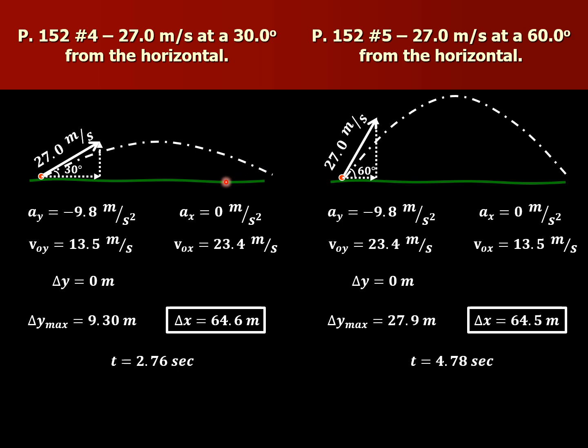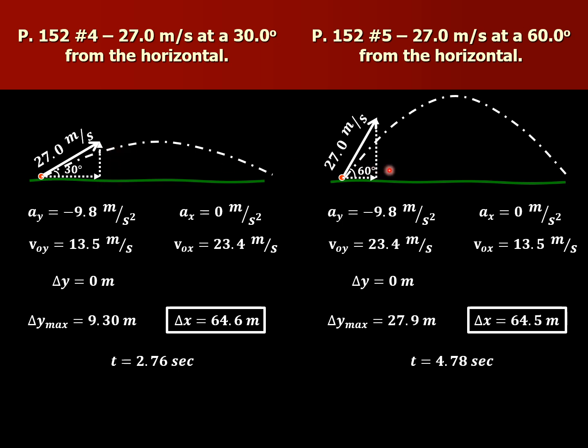And that's because with a smaller vertical velocity but a greater horizontal velocity, it's in the air for a shorter period of time than the higher angle, but it also has a greater horizontal velocity. So it goes further because it goes faster, but it doesn't go as far because the hang time is not as much.